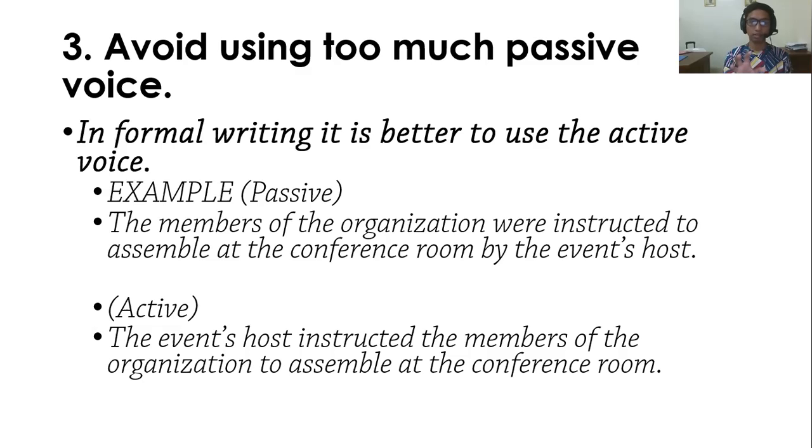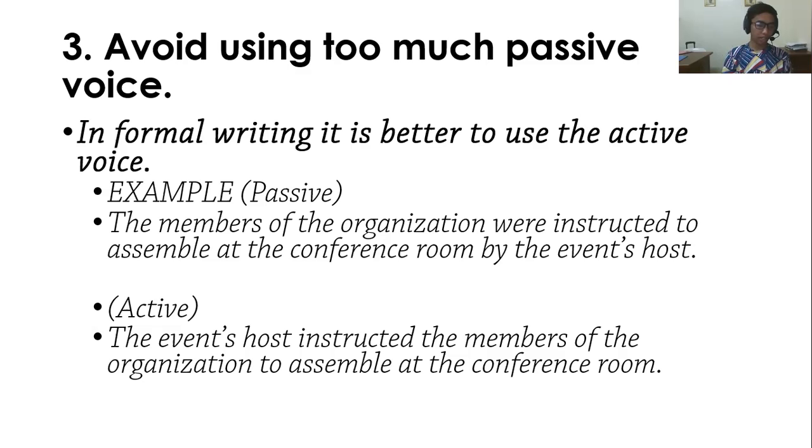While in the passive voice, the event's host is the receiver of the action. While in the active voice, the event's host is the doer of the action, okay? So in the passive voice, the subject is the receiver of the action, while in the active voice, the subject is the doer of the action.